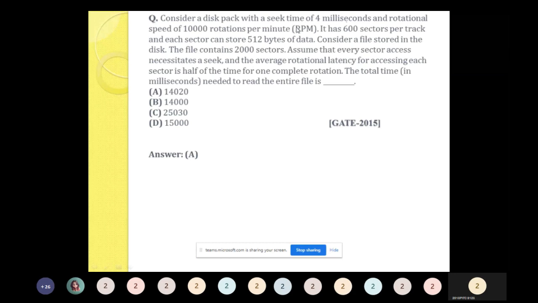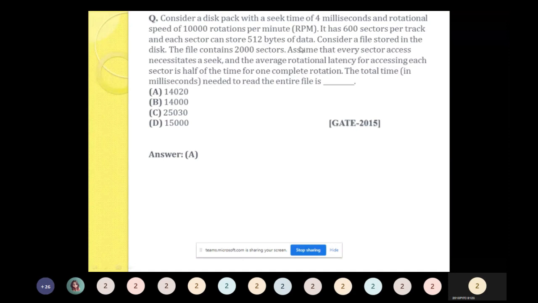So how much time does each rotation take? For each minute, it makes 10,000 rotations. That is the RPM. It has 600 sectors per track, and each sector can store 512 bytes of data.